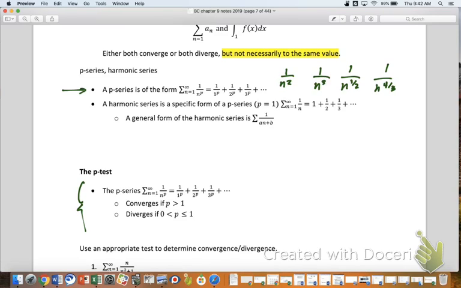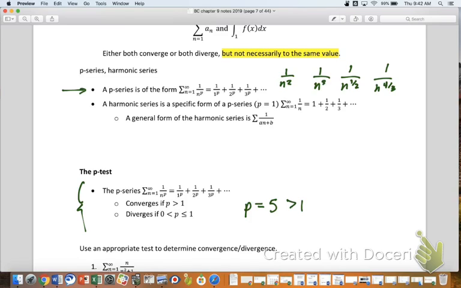If you look at one and say p equals 5, that's bigger than 1, therefore this series will converge. If you can find a p-series and use this test, it's really easy. How big is p? Is it bigger than 1, or less than or equal to 1? If you can make that decision, the p-series is pretty easy.